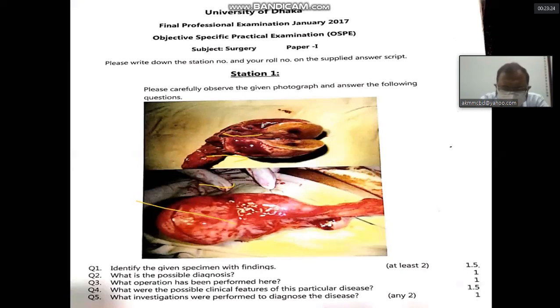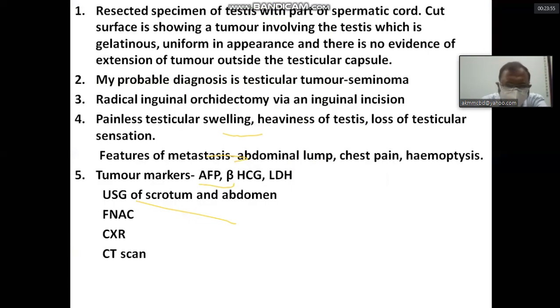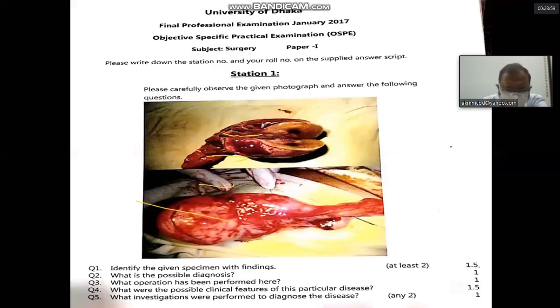The tumor has not grown outside the testis. And this is a gelatinous smooth part. So what will it be? Seminoma. Testicular tumor, seminoma. You have to write this one.